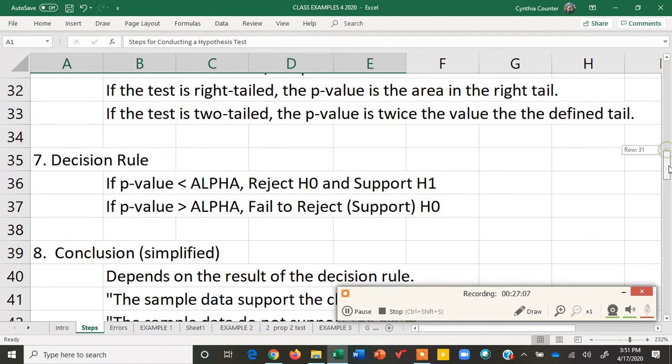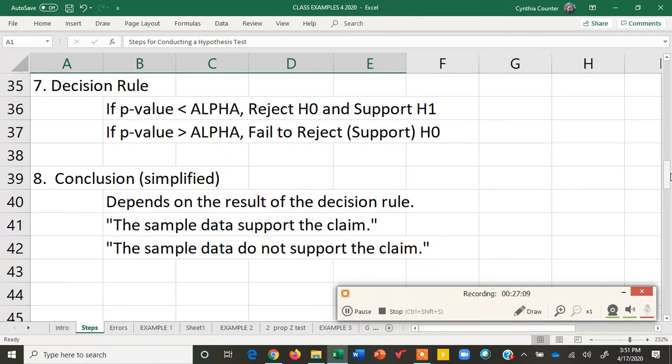So if we go back to our steps, we get a decision rule here. We compute the p-value and then we compare it to alpha. And if the p-value is less than alpha, that means it was unlikely to have occurred under the given assumptions. So we have to reject the given assumptions, which is the null hypothesis, and support the alternative hypothesis, which will usually be our claim.